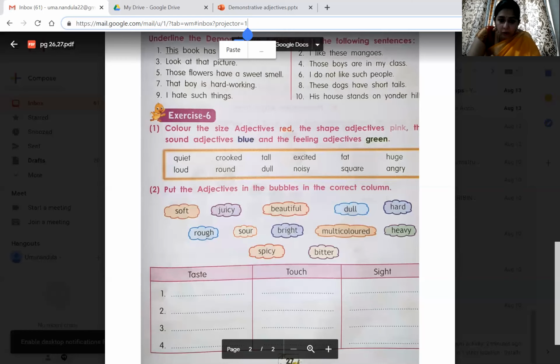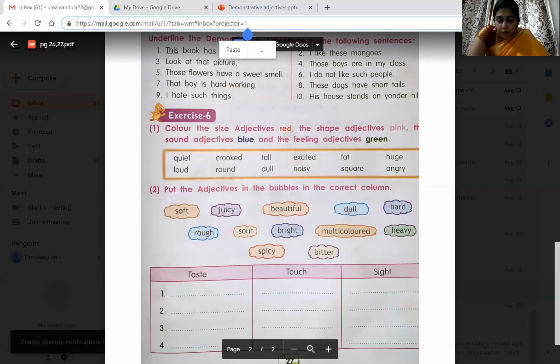Loud comes under sound adjective, so make it blue. Round is again a shape, so make it pink. Dull is about a feeling, so make it green. Noisy is obviously a sound adjective, so highlight it with blue. Square is again a shape, so highlight it with pink. And angry is a feeling, children, so definitely green.